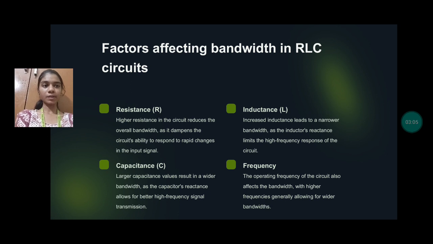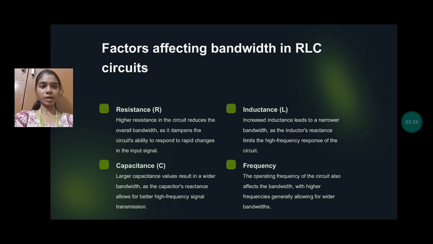Factors affecting bandwidth in RLC circuits: resistance, inductance, capacitance, frequency. Higher resistance in the circuit reduces the overall bandwidth as it damps the circuit's ability to respond to rapid changes in the input signal. Inductance: increased inductance leads to a narrow bandwidth as the inductor's reactance limits the high frequency response of the circuit.